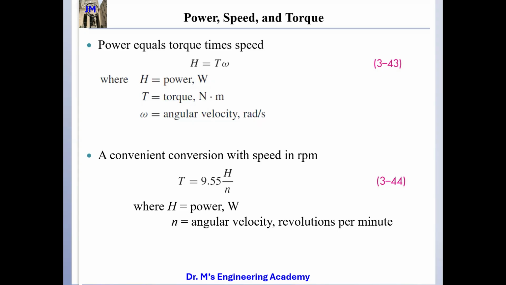If we use the speed in RPM, where N is revolutions per minute, we use this equation. Which equation is correct? Both of them are correct. Which one to use depends on what kind of units you are using.